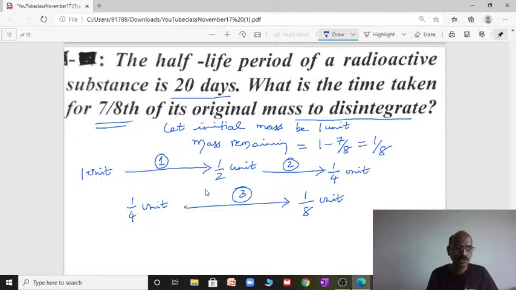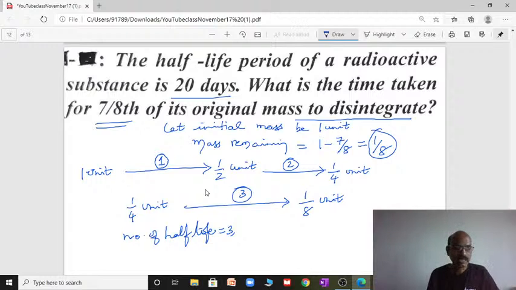So what is the time taken here? To become 1 by 8, how many half-lives are taken? 3 half-lives. So the number of half-lives is 3. The question is, what is the time taken for this?